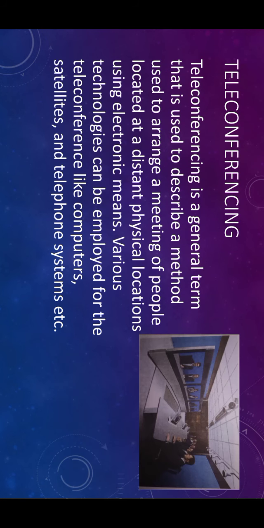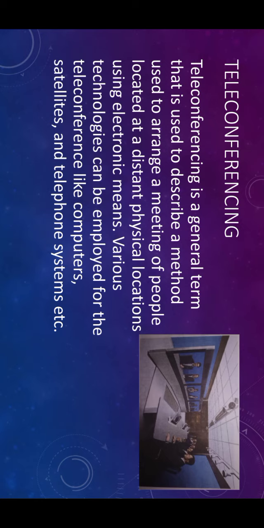Now let's talk about teleconferencing. Teleconferencing is a general term that is used to describe a method used to arrange a meeting of people located at distant physical locations using electronic means.